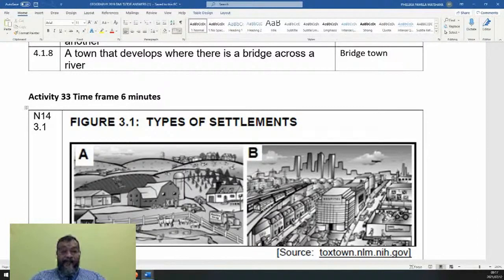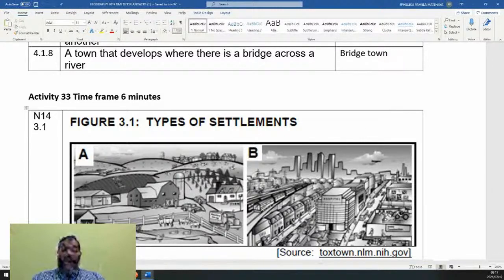Soorte or types of nedersettings. Now, when I look at this, before I even look at the questions, I know what's coming. Why do I know what's coming? Because they're showing me on the left-hand side a typical rural environment. I can see the city in the background, sketch A, but here in the foreground I can see this is definitely rural.